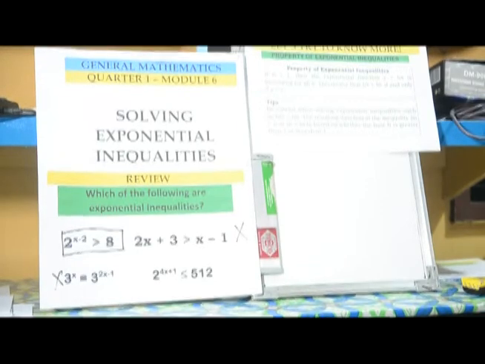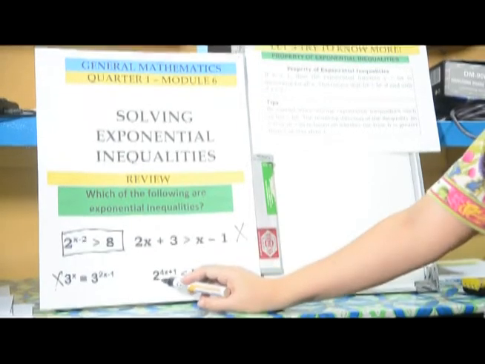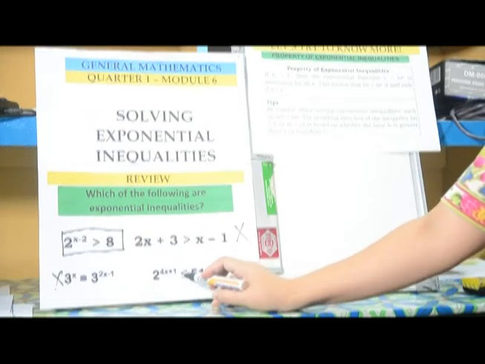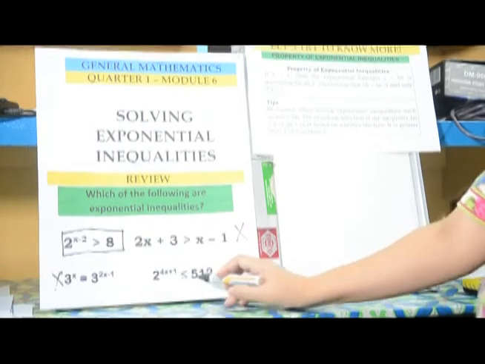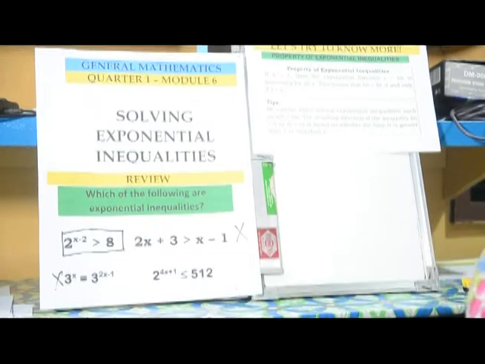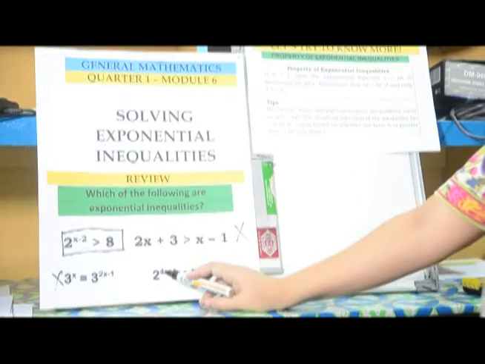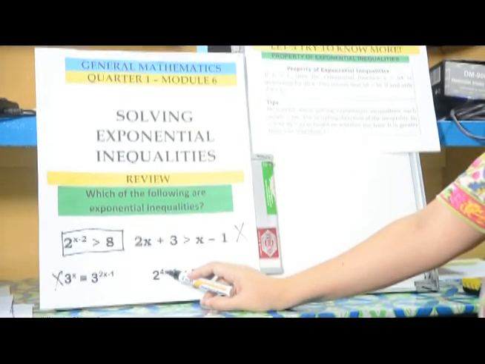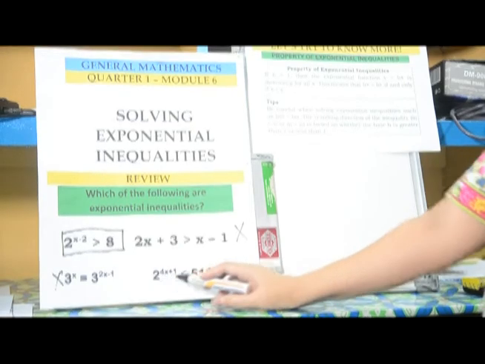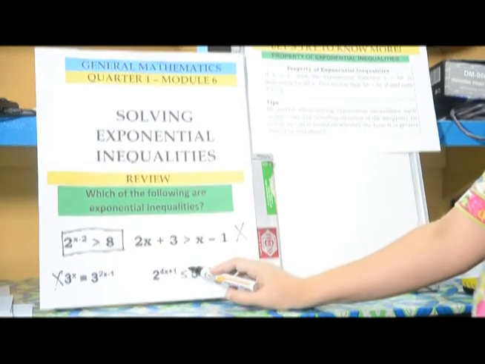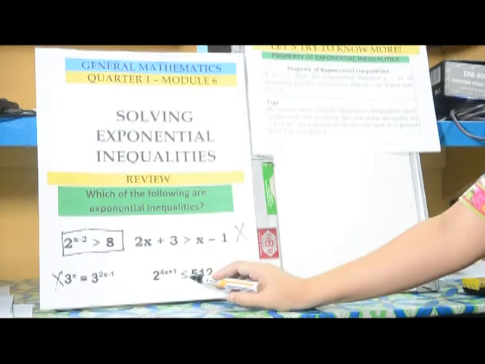The last example, we have 2 raised to the power of 4x plus 1 is less than or equal to 512. So we've got here the exponent with the variable of x being raised to the base of 2. And we also have the inequality symbol in the expression.